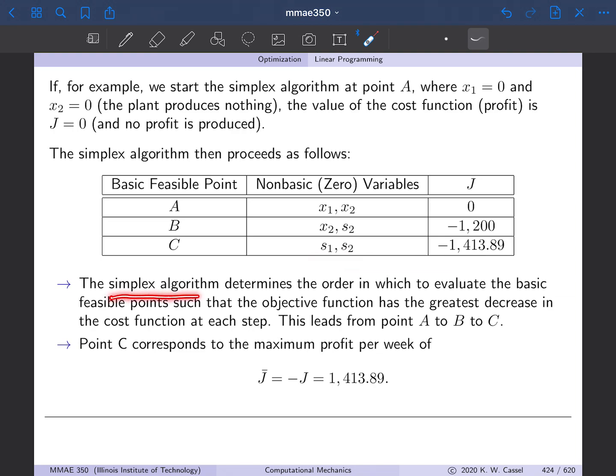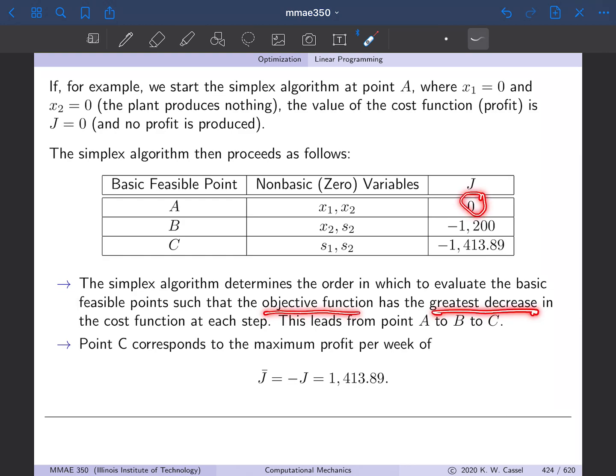Okay, so again, the simplex algorithm would determine the order in which we evaluate the basic feasible points as we proceed around our polygon from vertex to vertex. And basically what it does is it looks for the direction that has the greatest decrease in the objective function.